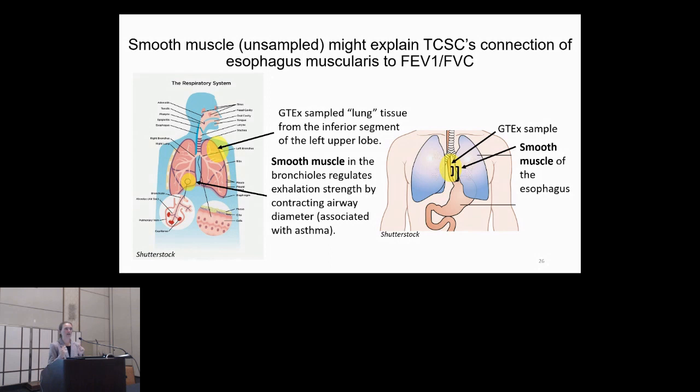An important thing to note about our method is that we've applied this to GTEx tissues. If you consider that every tissue has a different cell type composition, then if the wrong tissue has a greater percentage of the causal cell type within it, our method is likely to say that tissue is the most likely causal tissue, rather than another tissue that has a lower percentage of the correct cell type.